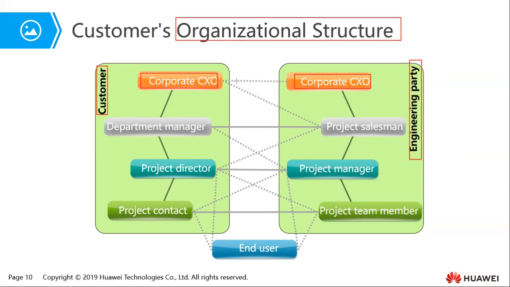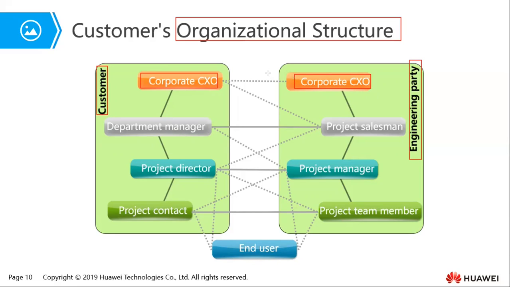What these incomplete lines mean is that we have rare communication between these parties. So, for example, the CEO of the customer and the CEO of this other side might not communicate regularly unless, for example, they're communicating about very high decisions.